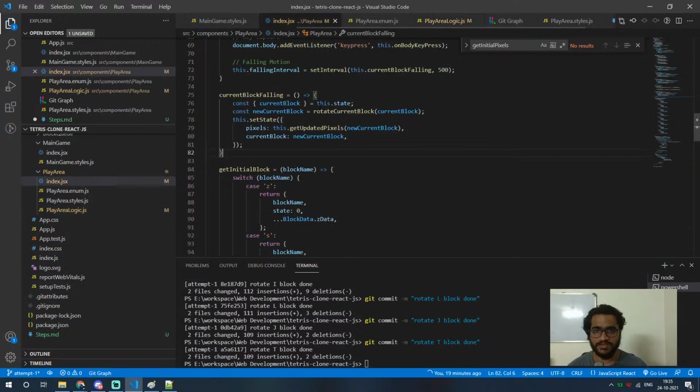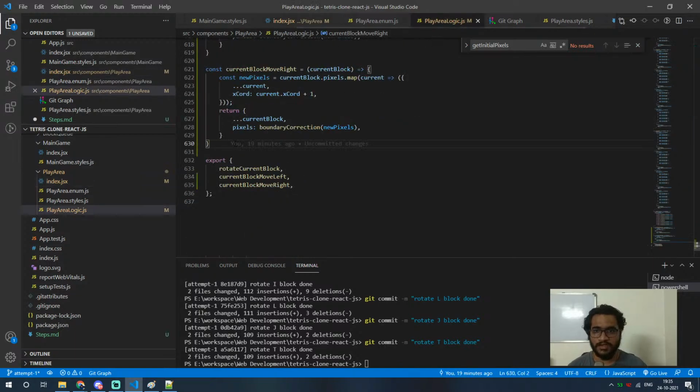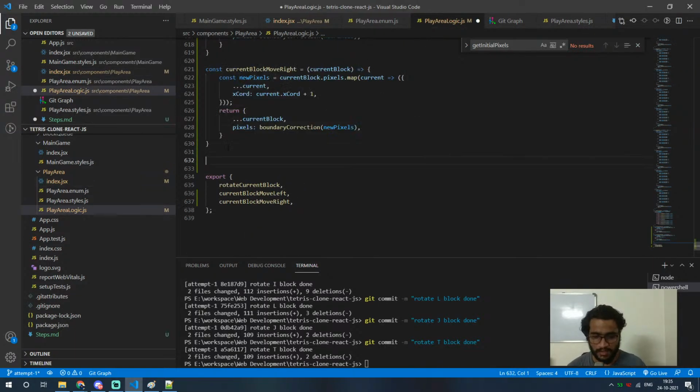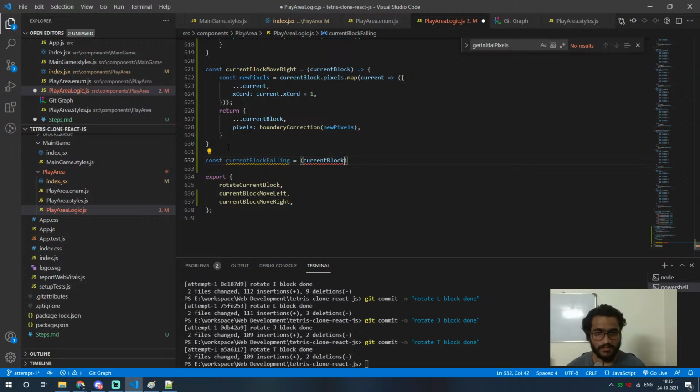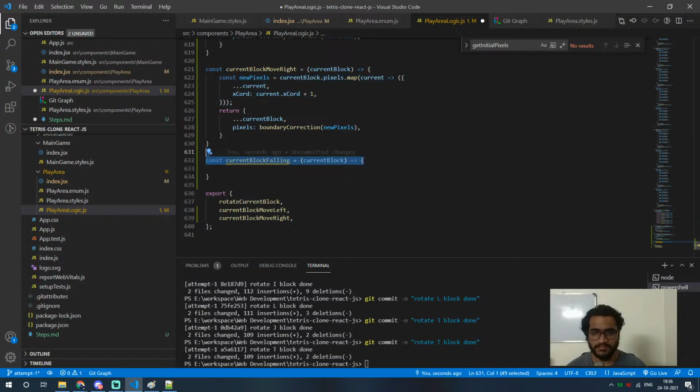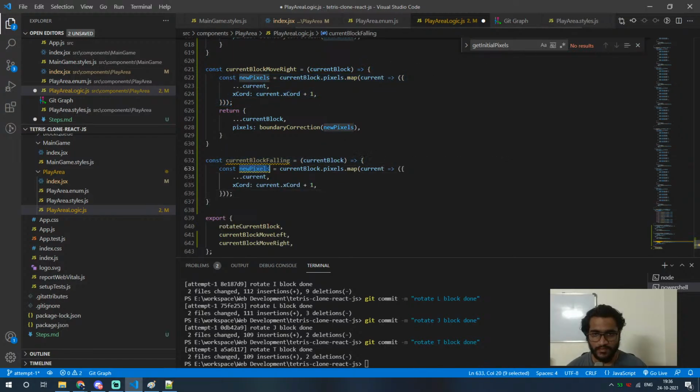It would be current block falling, which would have current block, new pixel.